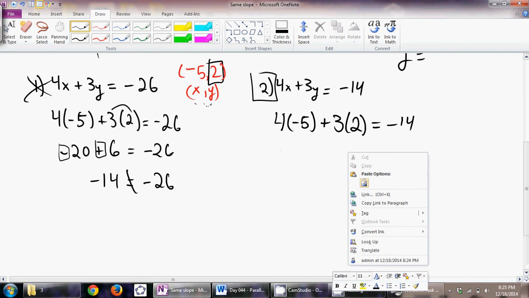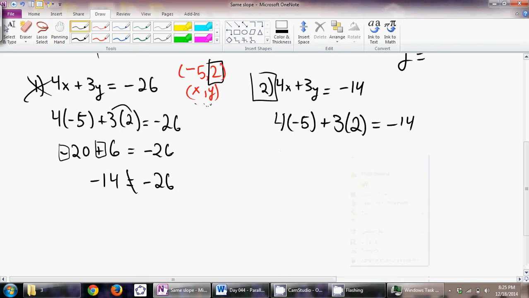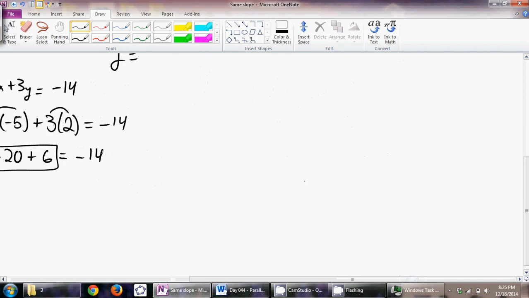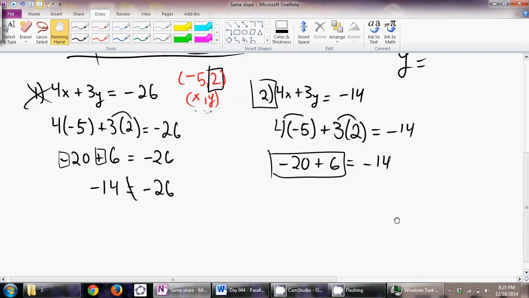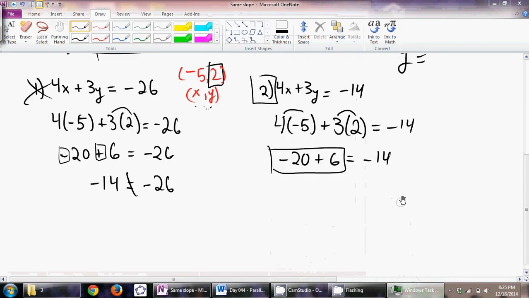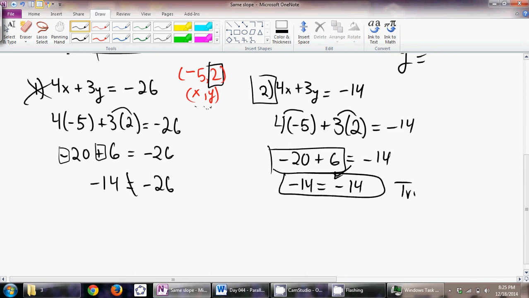We know 4 times minus 5 is minus 20, plus 6 equals minus 14. Evaluating this, I get minus 14, equals minus 14. Yes, this is true.